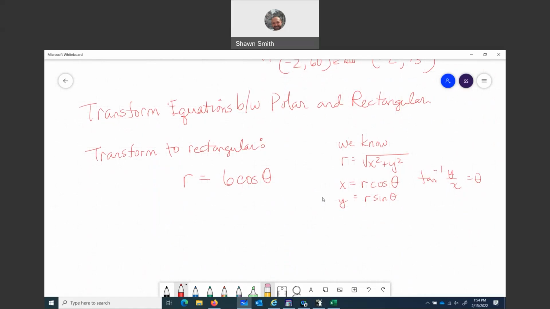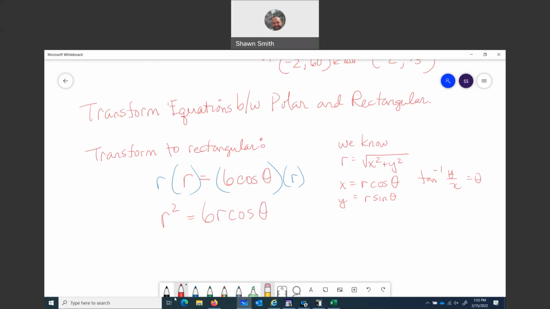So here's a trick. I want to make r cosine theta appear in here. Whatever you do to one side, do to the other, right? So I'm going to multiply this times r, and this side times r. r times r is r squared. That's fine. We have r equals the square root, so I can square both sides and substitute that. So this is 6 times r cosine theta.